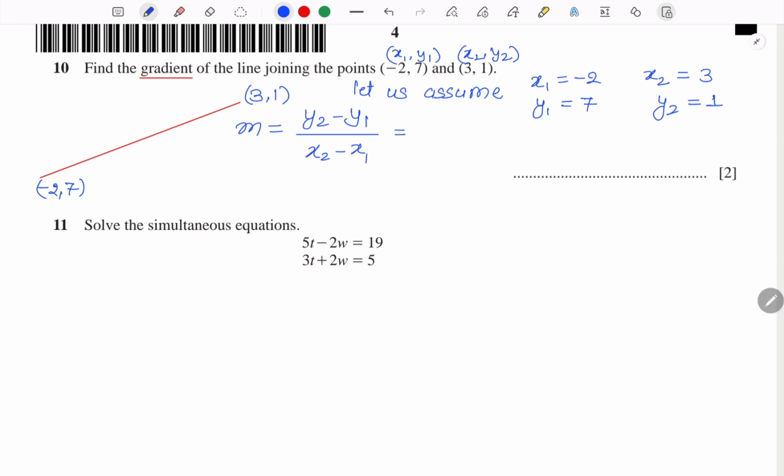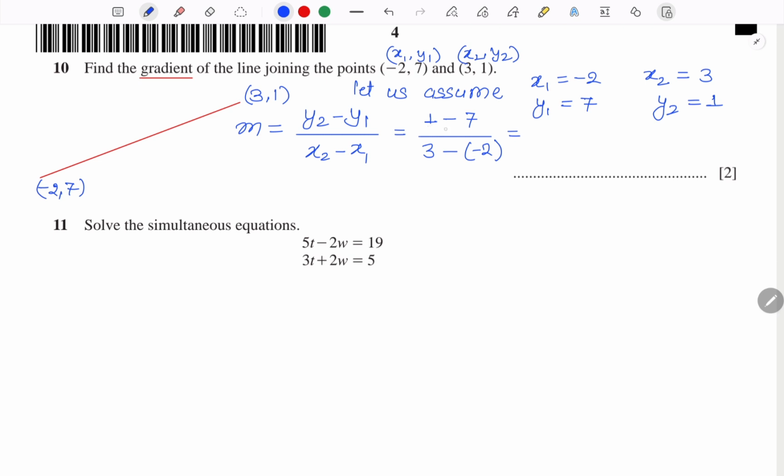So what we need to do, we will just put the values, subtract the y coordinates, y2 minus y1. y2 is 1 minus y1 is 7 divided by x2, x2 is 3 minus x1, x1 is -2. Be careful with these operations, okay? Because here is the part where many students make the mistake of not placing this bracket and they will end up with a wrong answer.